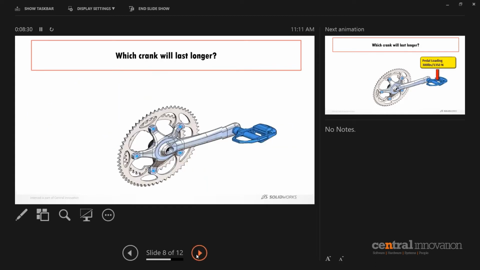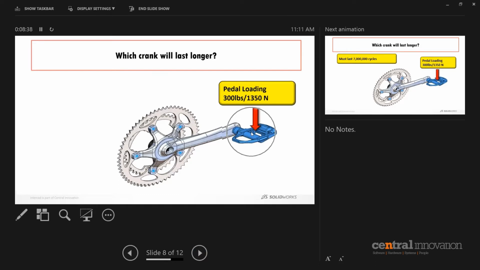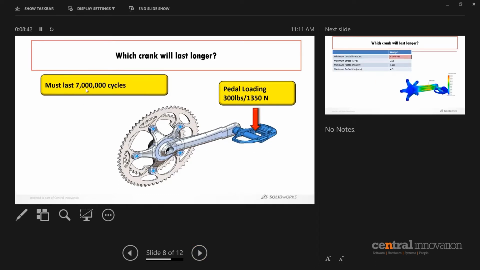I basically want to know which crank is going to fail after applying a 300-pound load on this component and after 7 million cycles. So I have a target in mind, 7 million cycles. I want this paddle to work for 7 million cycles when I apply a 300-pound load on it.